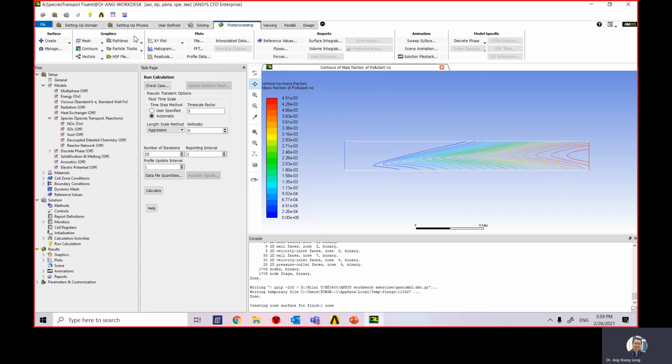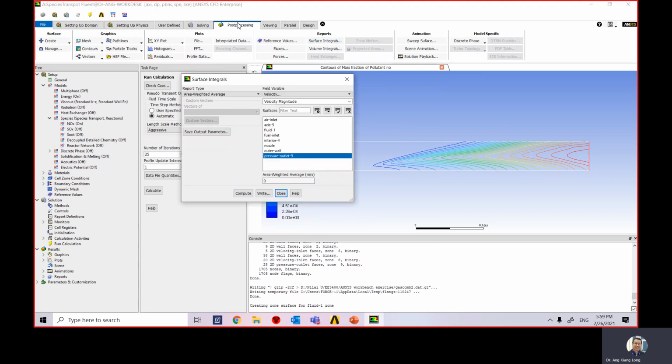So post-processing, go to report and surface integral. Again, every time you want to ask the computer to give you some value, you go to post-processing, report, and it depends on what area you want to see. In this one, we go to surface integral. And for NOx, we will look for mass, not area, we'll go for mass average weight.